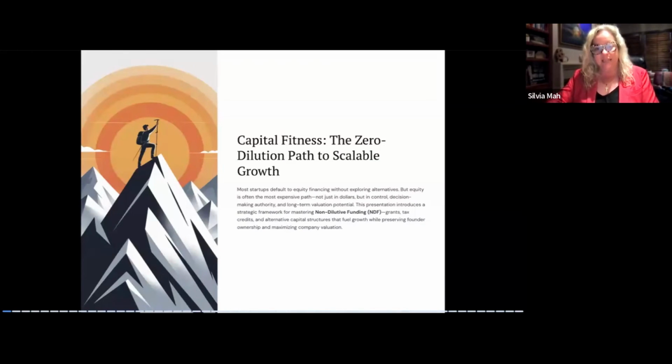You've probably heard of NDF, or non-dilutive funding, and that is tax credits, grants, alternative capital structures that fuel the growth of your company so that you have scalable growth. We're not going to cover, let's say, bootstrapping. It's between bootstrapping and friends and family, where you're not giving away equity, and really seeking funding from other sources to have your company scale.